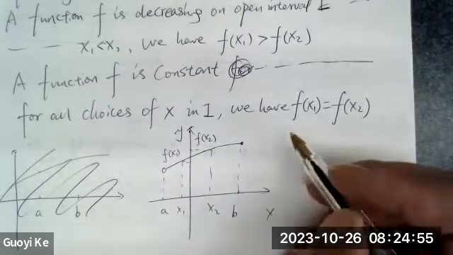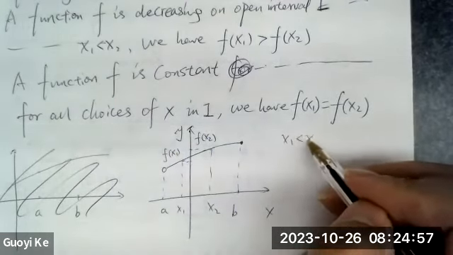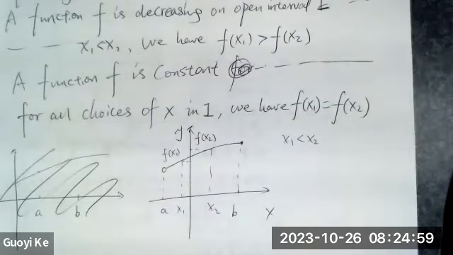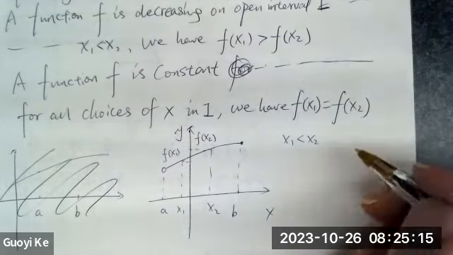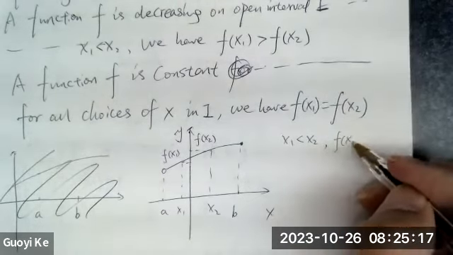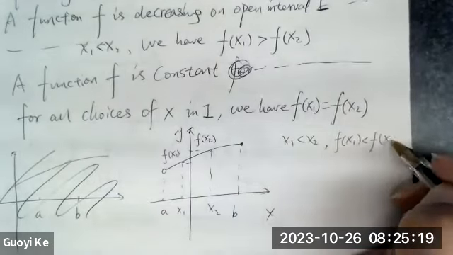So in this case, we know x1 is less than x2. And correspondingly, f(x1) is less than f(x2), because f(x2) is higher than f(x1).